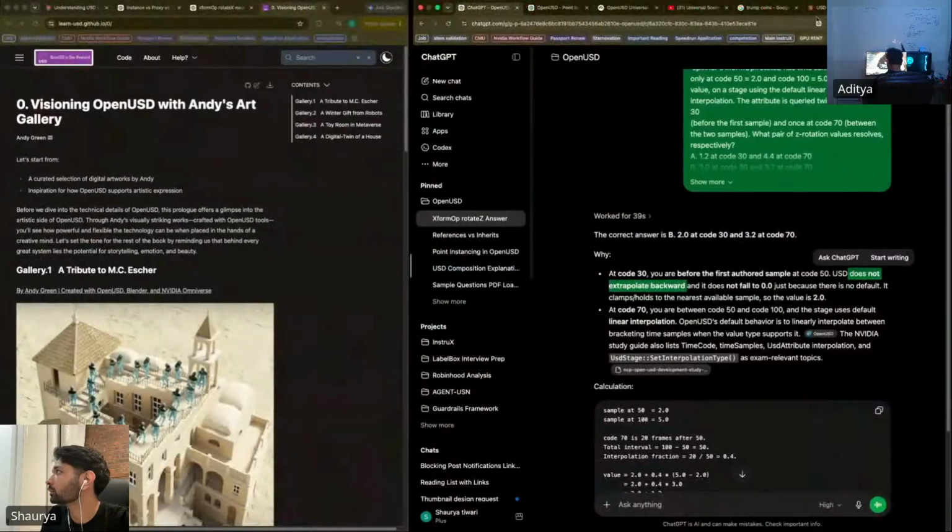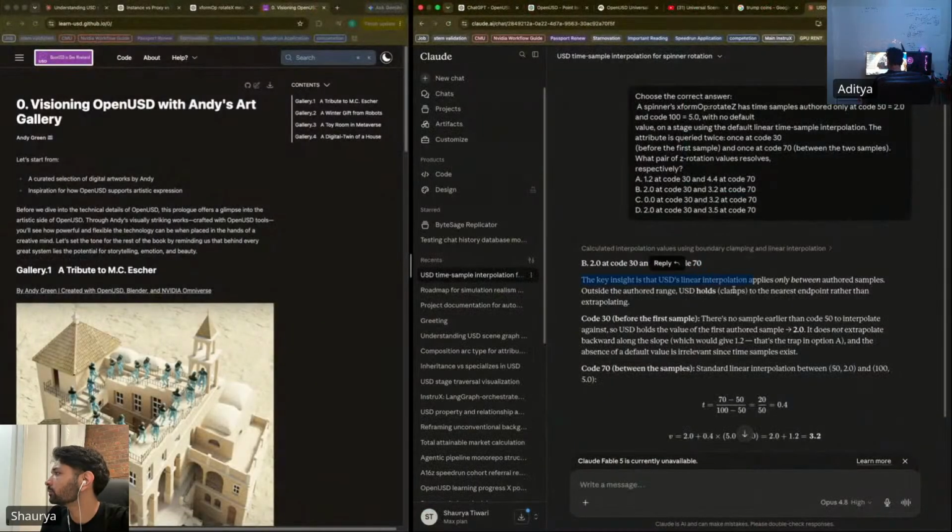What does Claude say? There is no sample earlier than 50 to interpolate against, so USD holds the value of the first authored sample, 2.0. It does not extrapolate backward along the slope, which would give 1.2. That's the trap in option A. Oh my god, trap question.